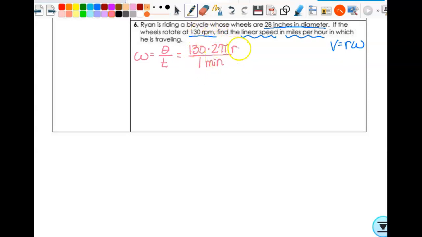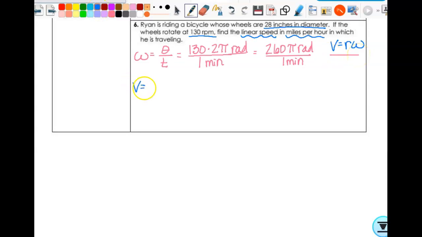So it's this many radians per minute. So that gives me 130, oh no it doesn't, it gives me 260 pi radians for every 1 minute. So now we are going to substitute that into this formula right here.